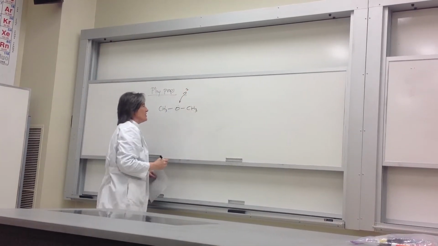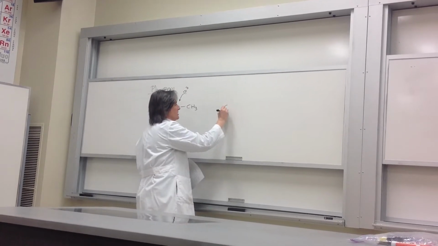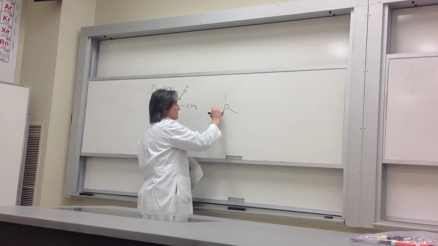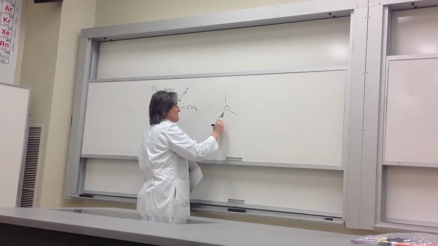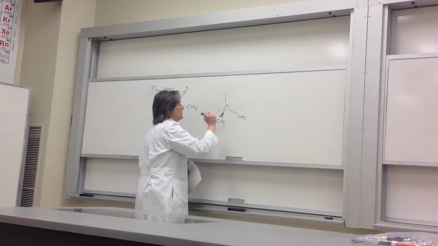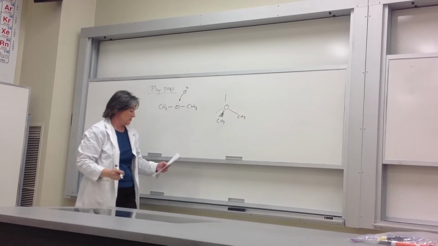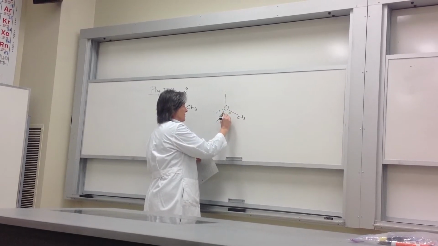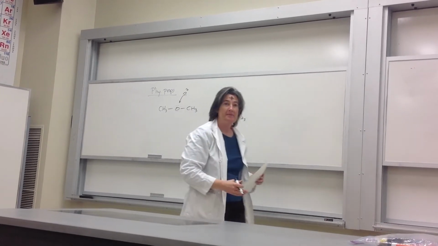sp3. Good, it's sp3. So everything's based on a tetrahedron. And I'm going to put a CH3 here, CH3 there, lone pairs. So this angle is about 109.5.